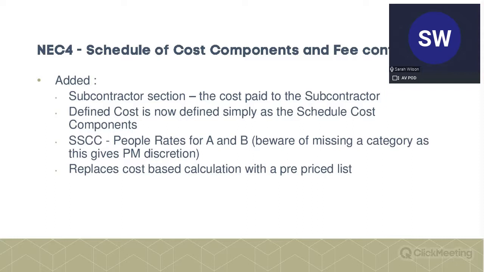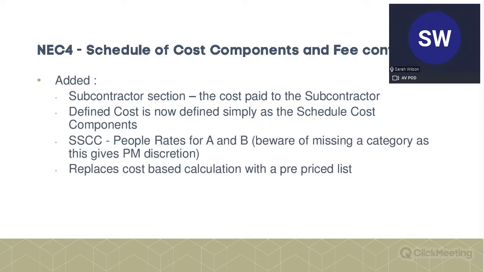It's pretty self-explanatory, and I think it's just really helpful. It means we've got a one-stop shop instead of going between the schedule of cost components and defined cost. And what it means is that the defined cost now doesn't refer to anything about subcontractors. It just refers you directly to the schedule of cost components.